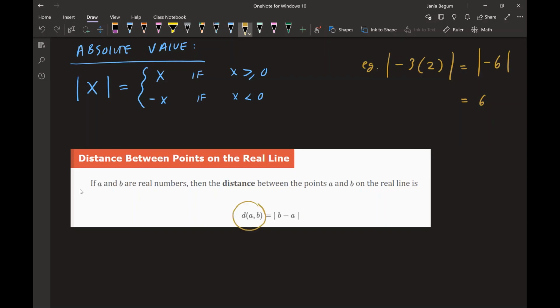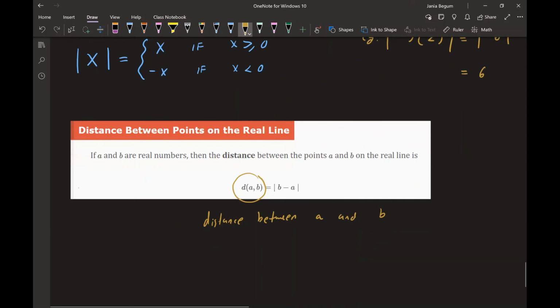The way you would read this is the distance between A and B. So A and B are just two arbitrary numbers on the real line. So d(A, B), that reads as distance between A and B, is the absolute value of B minus A. So this is another way we can define the absolute value.